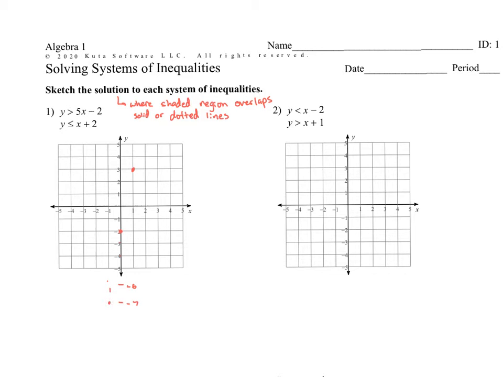Here is my dotted line for that graph. Now we need to shade. So y is greater than the equation, which means my shading is going to be over here. Actually, I'll use a highlighter because I have highlighters. So here is our shaded region.